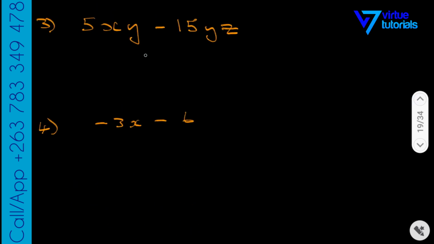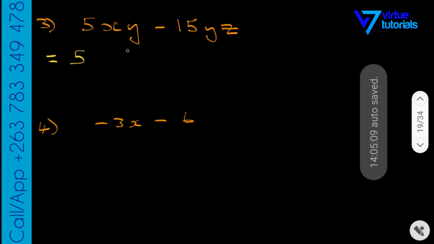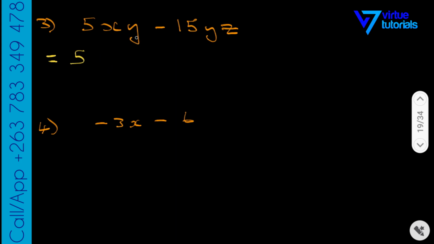The next thing now is 5xy minus 15yz. If I look at 5 and 15, what's the largest number that can go into 5 and 15? It's a 5. But before I open my brackets, I realize that I also have a y there and a y there. So I can also factor out a y because it's a common factor. It's found here and it's also found there. So my common factor is not just 5 now, it's 5y.